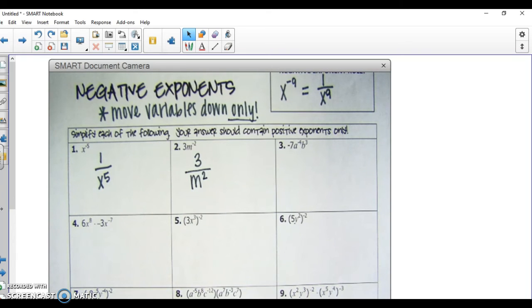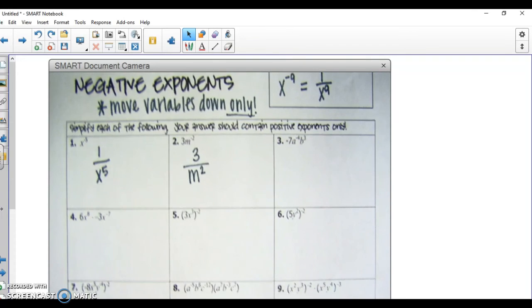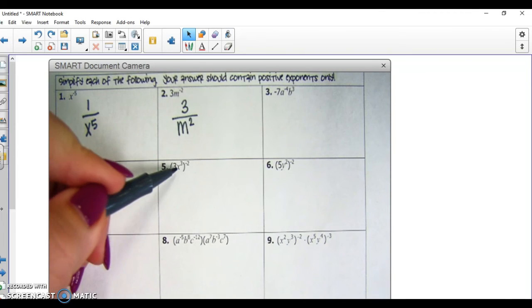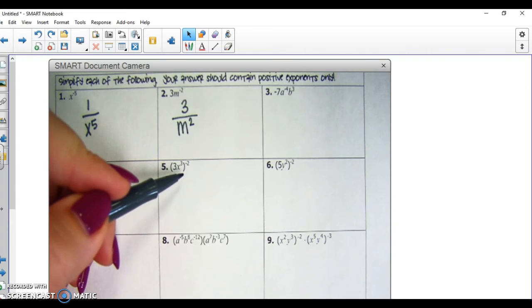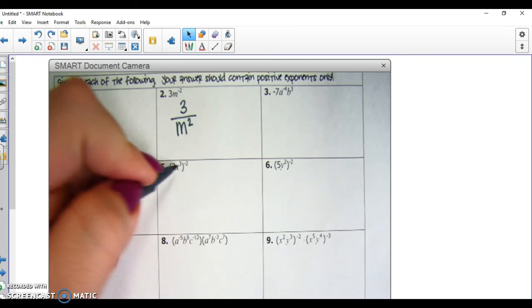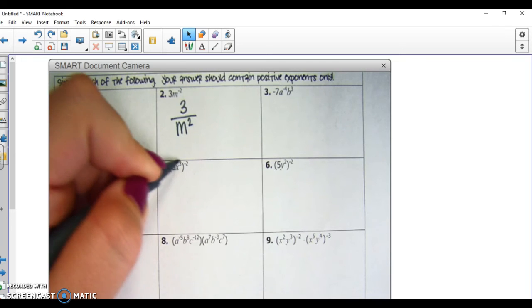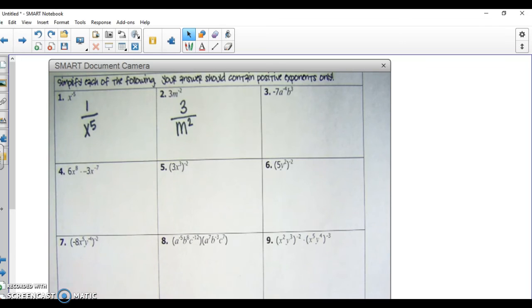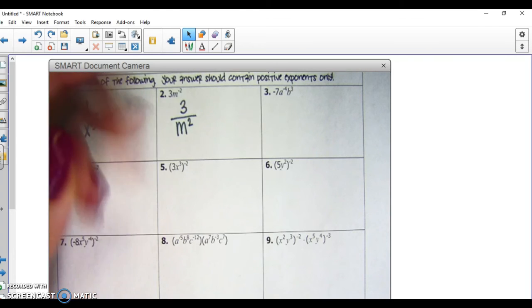So if I had something like number 5, I have 3x cubed, and that's all going to be to the negative 2 power. So I have to multiply everything in here by negative 2. We can start by distributing our exponent.